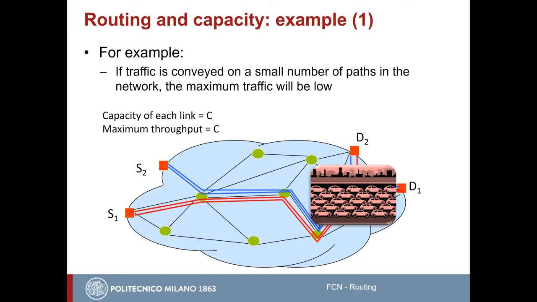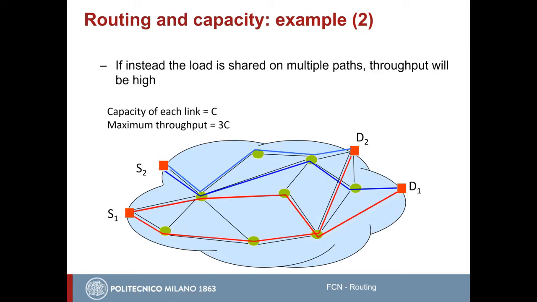But this is because the routing decision was not taken in an optimal way. If you change routing, for example, you apply a routing algorithm that takes into account the fact that the path is already busy, and finds another path in case the path is busy, then you can exploit the meshed nature of this network, the mesh topology, in order to increase the capacity.